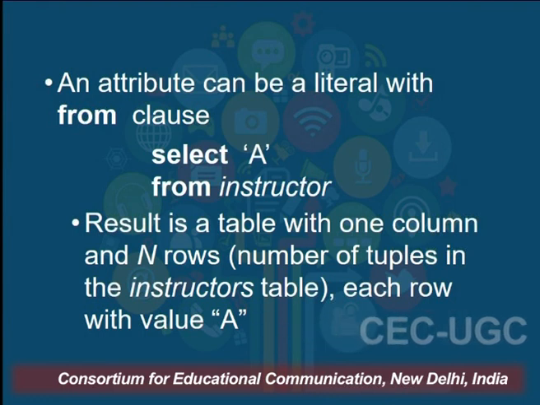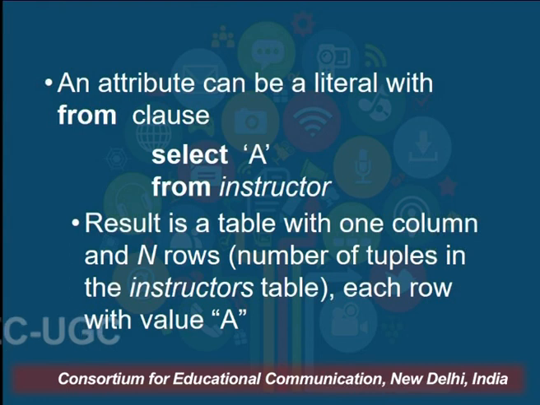This number n is actually the number of tuples in the instructor table. So for example, if we have 6 tuples inside the instructor table, we are going to have a column with 6 rows, and every row has the value A.